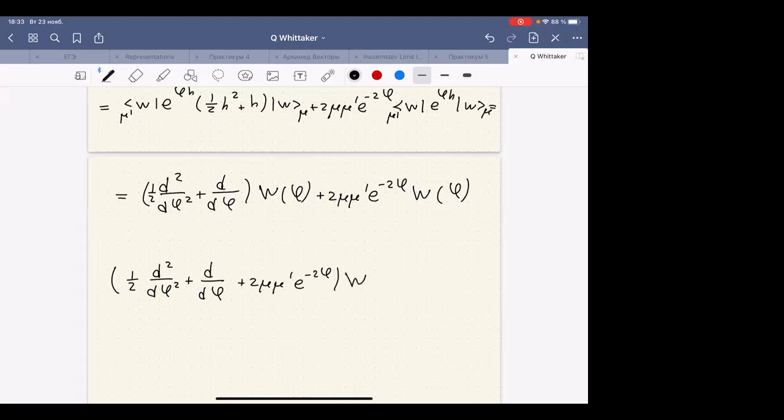It is an eigenfunction of this operator with eigenvalue lambda plus 2 divided by 2.